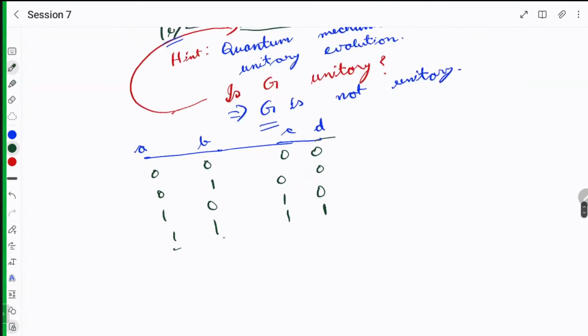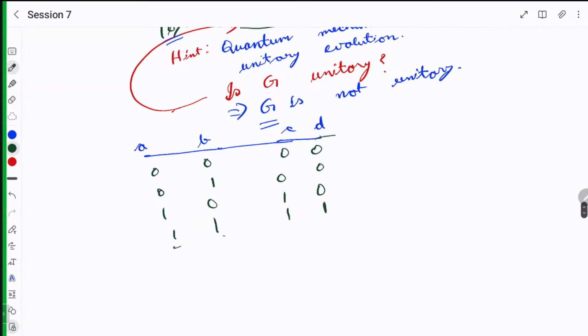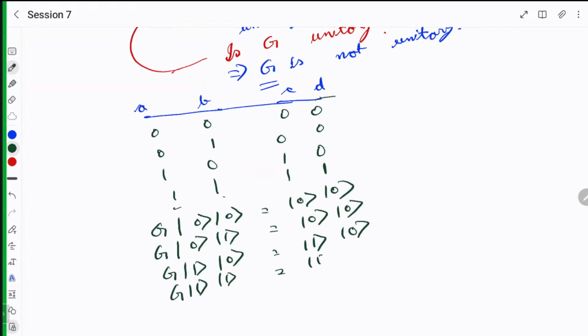So you need a matrix G which will take 0 tensor 0 to 0 tensor 0, 0 tensor 1 to 0 tensor 0, 1 tensor 0 to 1, 0, and 1, 1 to 1, 1. If you find a matrix G which satisfies this, you would find that G is not unitary.